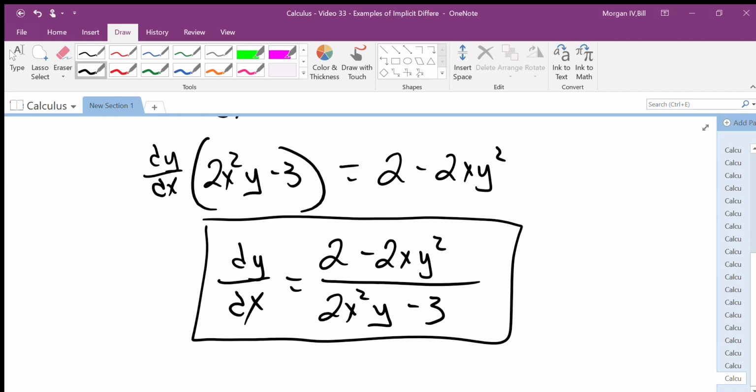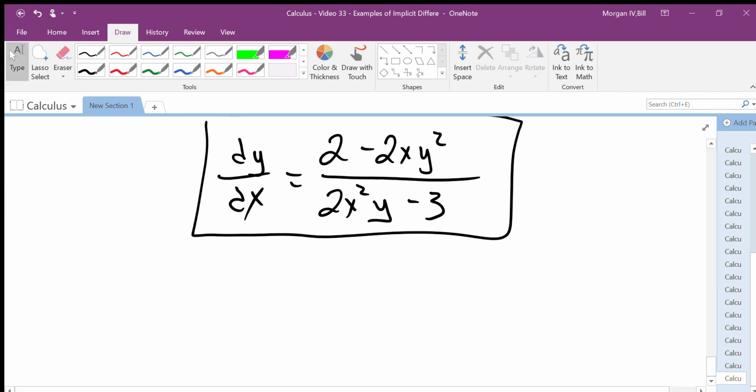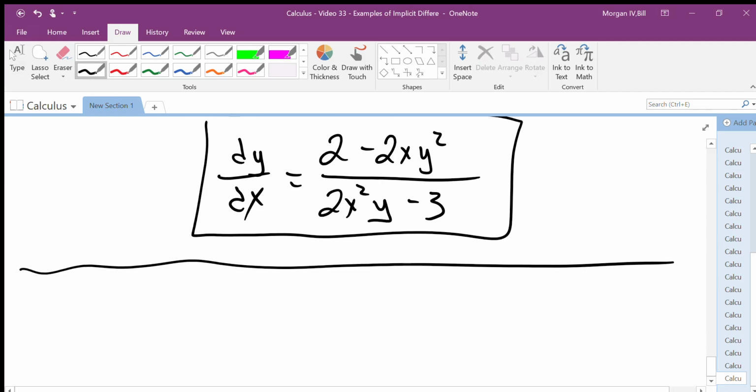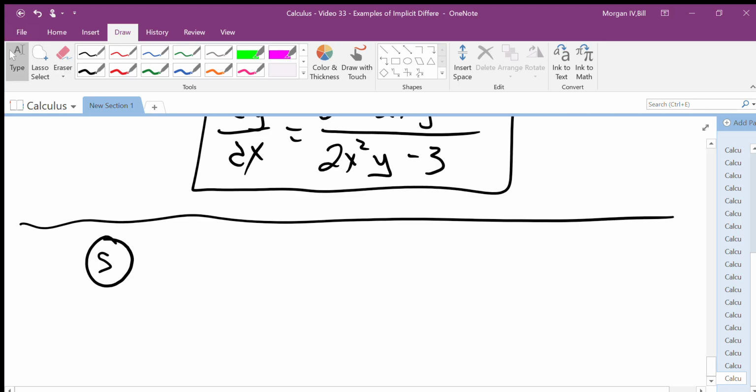All right, I said 4 problems, but let's give one more a go here. Try something difficult, maybe a trig function or an e to the x or something kind of hard. Let's go with maybe a trig function.